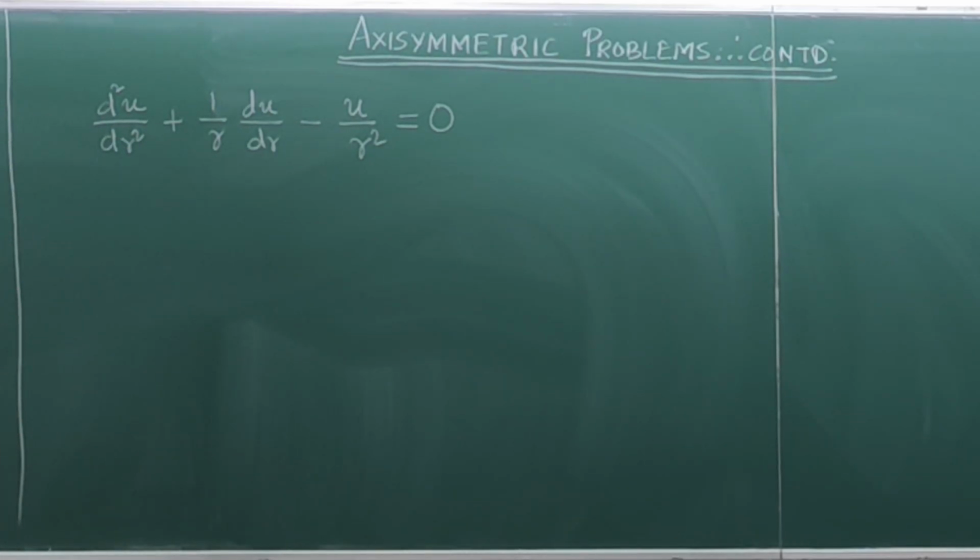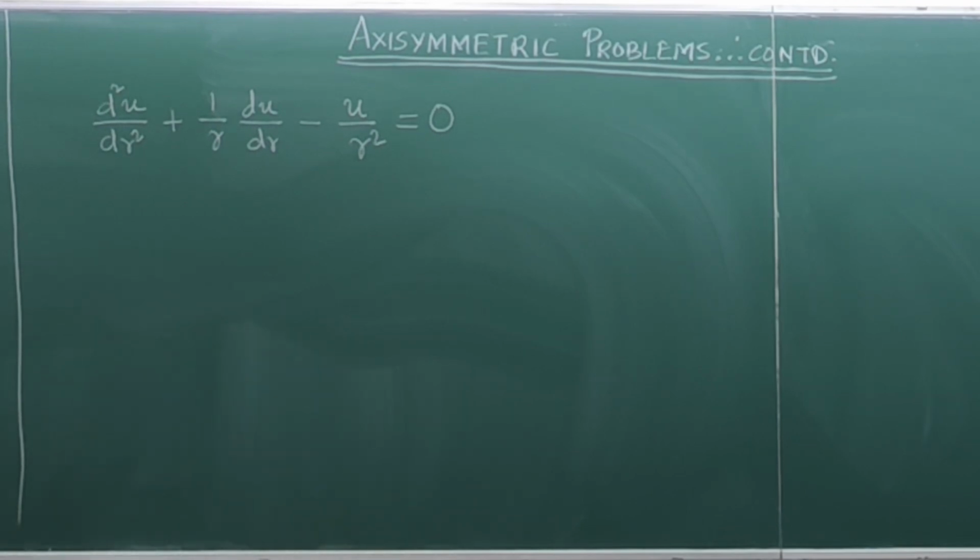You must have come across some things like this in fluid mechanics, perhaps in your first year of engineering maths also. So you are familiar with that e to the power mx strategy.